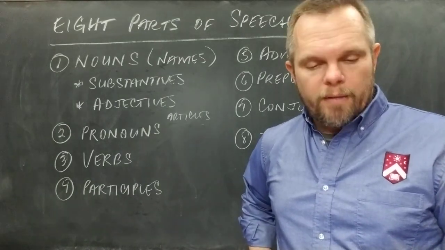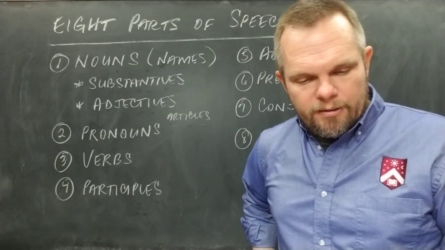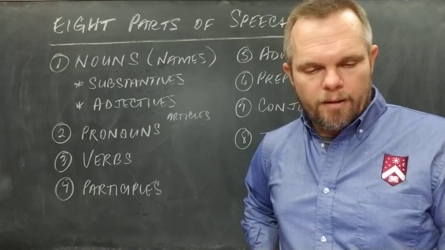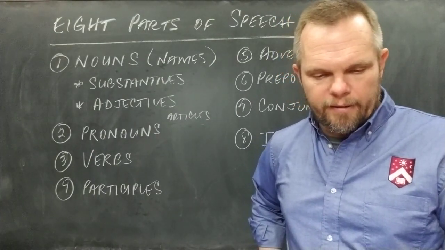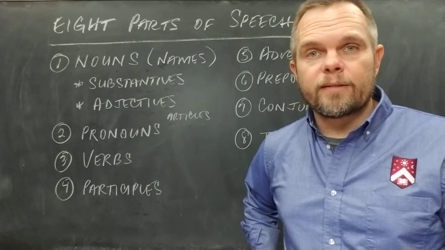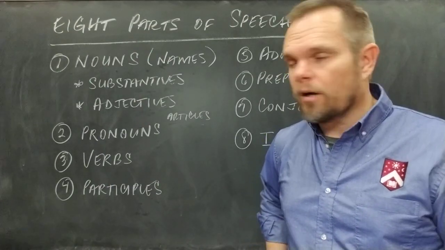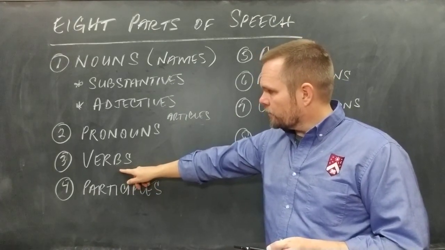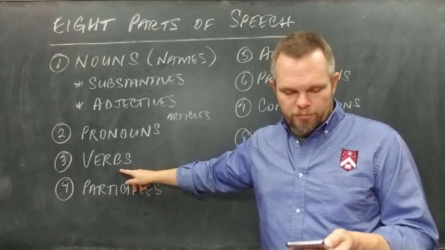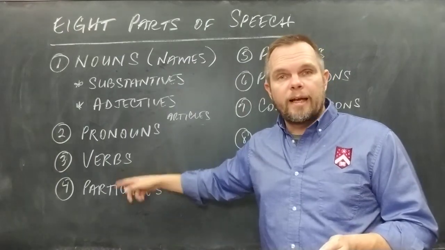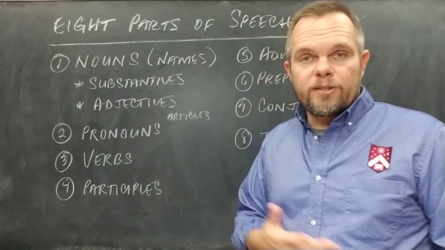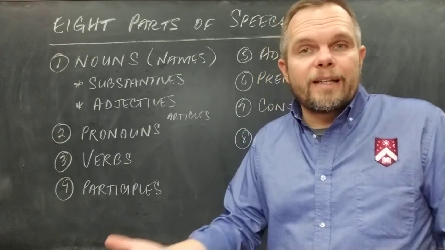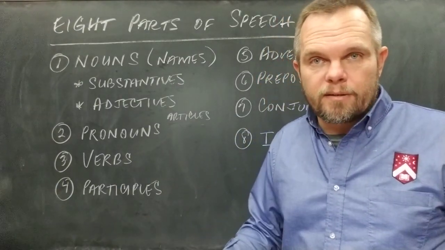Every word by which we express that persons or things do anything or are anything or have anything done to them are called verbs. The third of the parts of speech are verbs, words that express action that some subject is doing, or that it has done to it, or that it is, just the idea of existence.